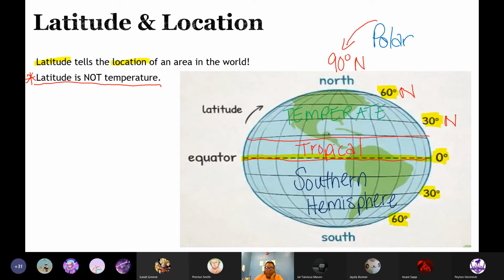Okay. So we see the farther we go away from the equator, the larger our latitude coordinates become. Remember, latitude is talking about location, not temperature.